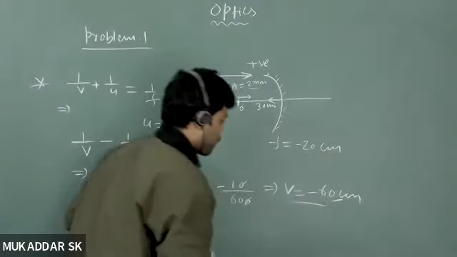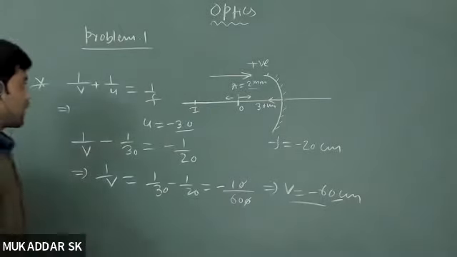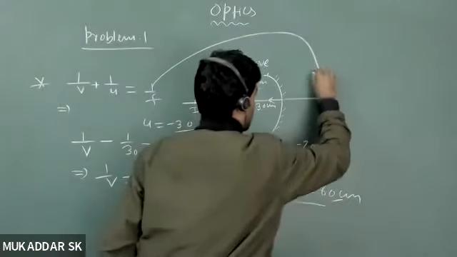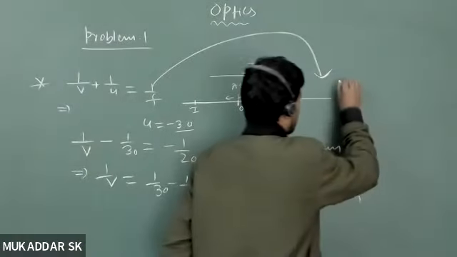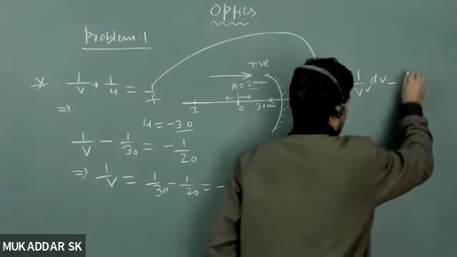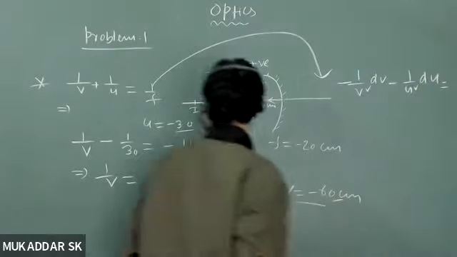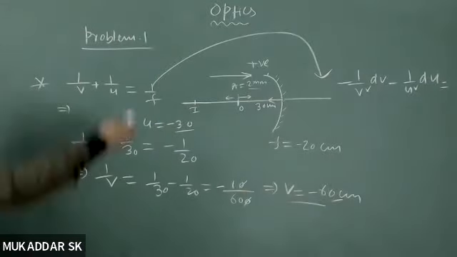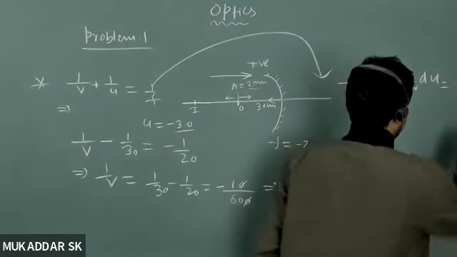So I have obtained V, but our job is to calculate the amplitude of oscillation of the image. So how will we calculate? Again, I will use this formula. A small differentiation of this equation gives minus 1 by V square del V minus 1 by U square del U. Since focal length is always constant for a mirror, the small differentiation of 1 by F will be 0.